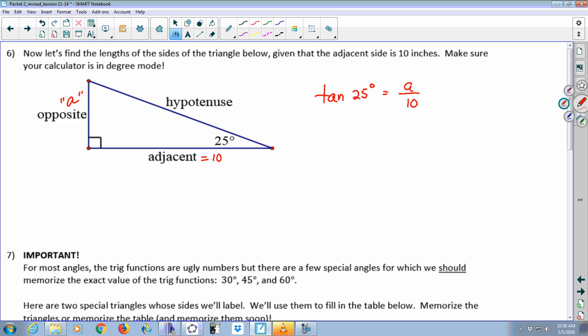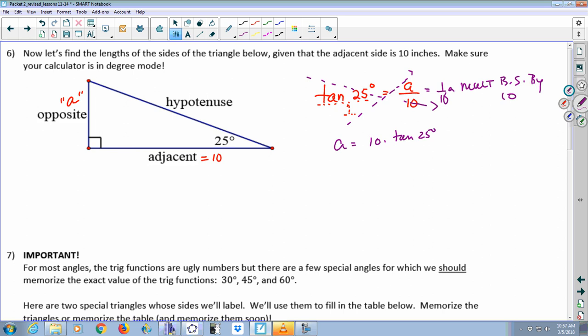Multiply both sides by 10, or again, just getting you used to the good old proportion idea, because we're so weak with that. Cross products are always equal in a proportion. So A is equal to 10 times the tangent of 25 degrees. If you don't see it as a proportion, you can say multiply both sides by 10. It's okay as well, because the coefficient of A here is 1 over 10. So you're just multiplying by the reciprocal.